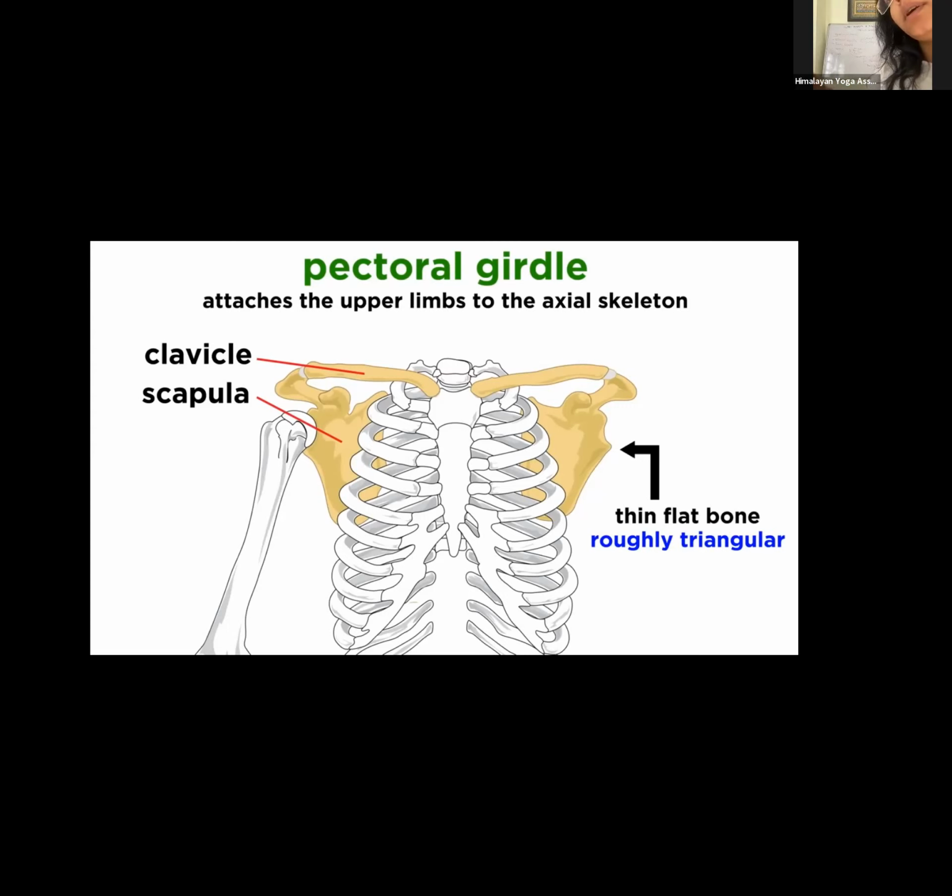So we have clavicle here, and then we have this triangular shaped scapula. I hope this is very, very clear. Okay, so here we see this ball and socket joint, the shoulder joint.